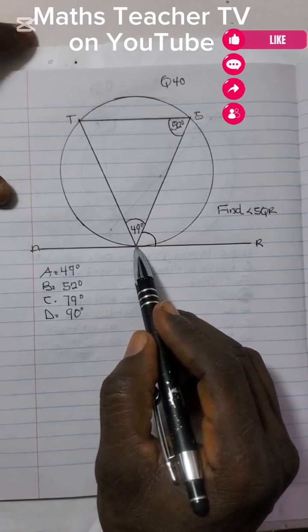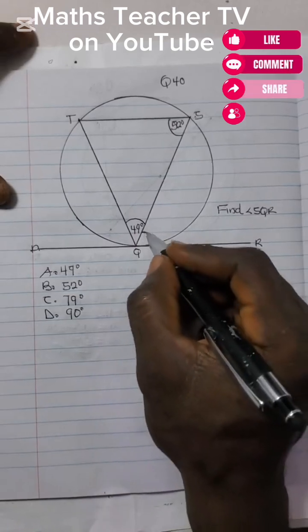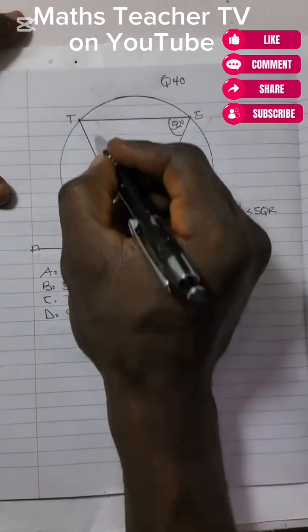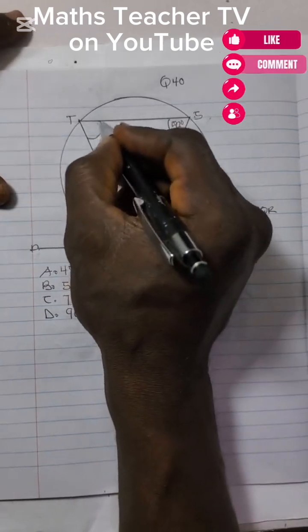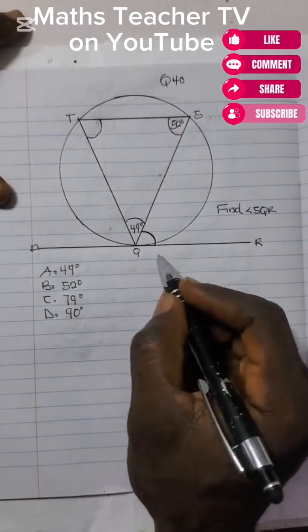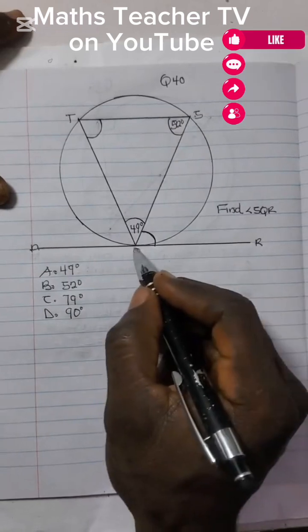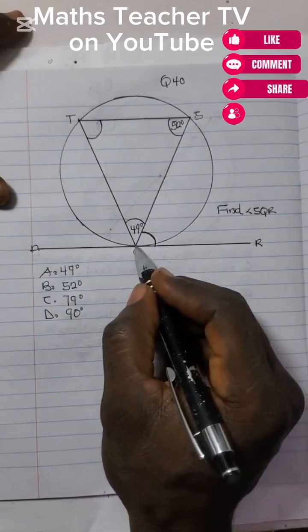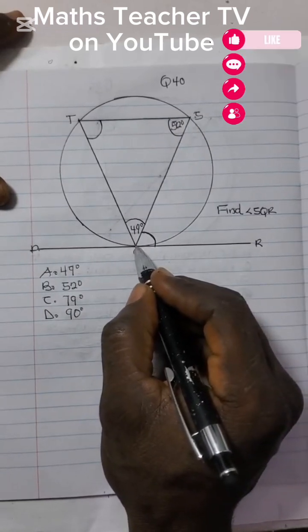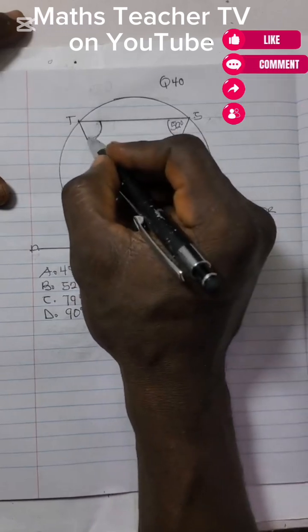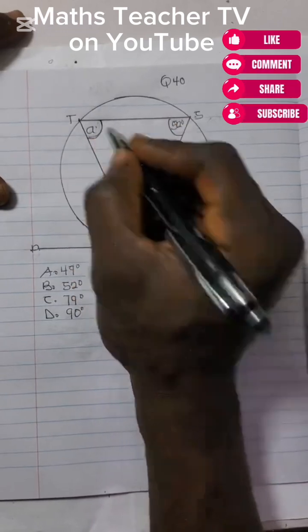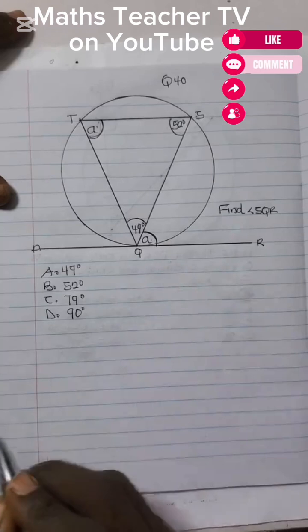And per the rules of circle theorem, this angle here is equal to this angle here. The angle produced by a tangent drawn to touch any part of a circumference is equal to the angle in the alternate segment. So if this angle here is A, this angle is also A.